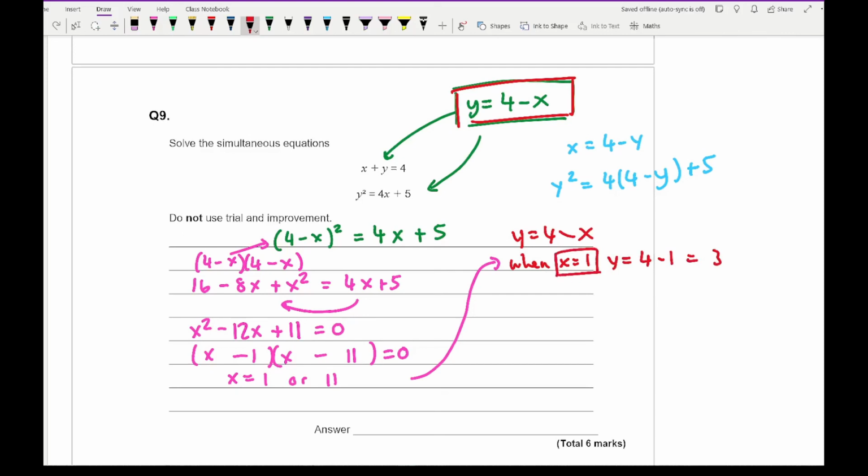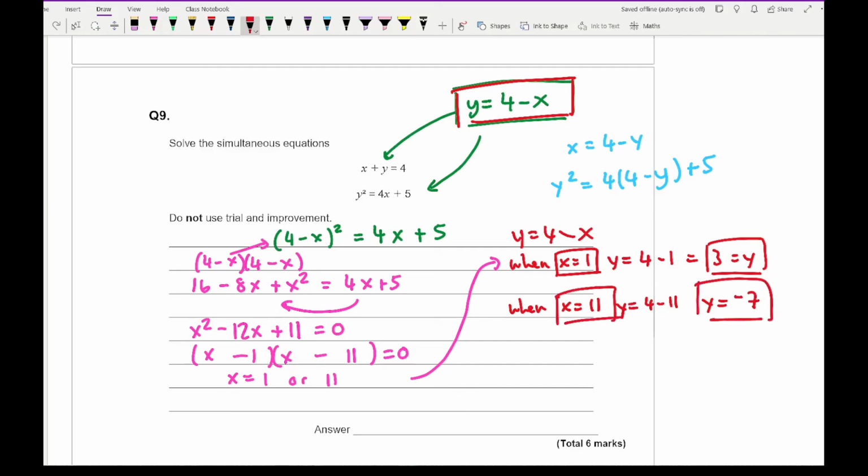And let's just put a little box around there. And when x equals 11, then y equals 4 minus 11, which is going to give me minus 7. And so here, there's my other set of answers.